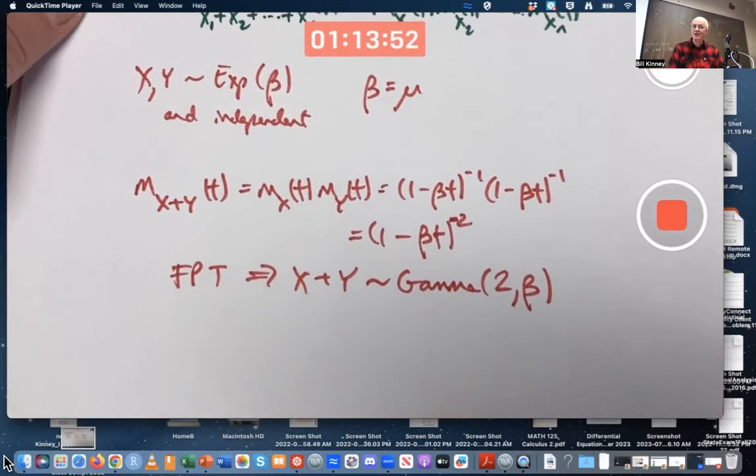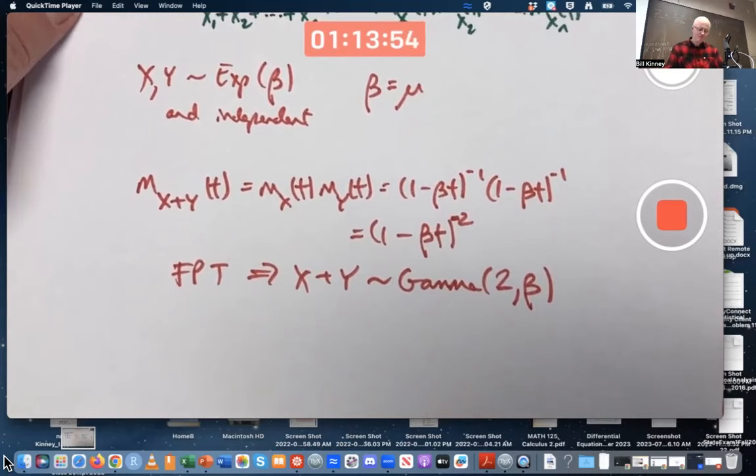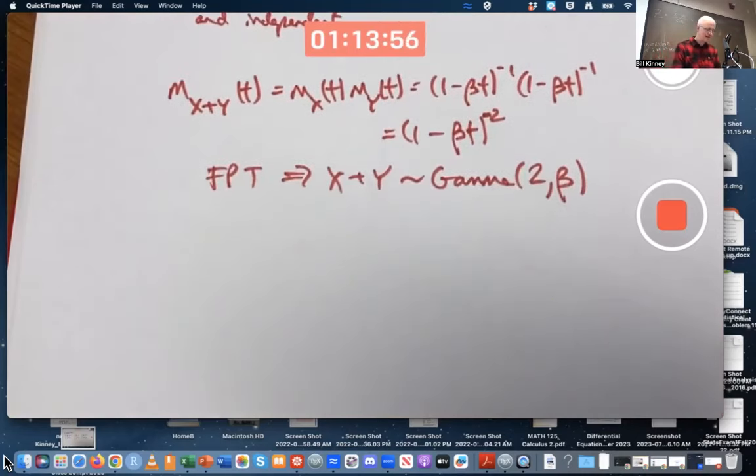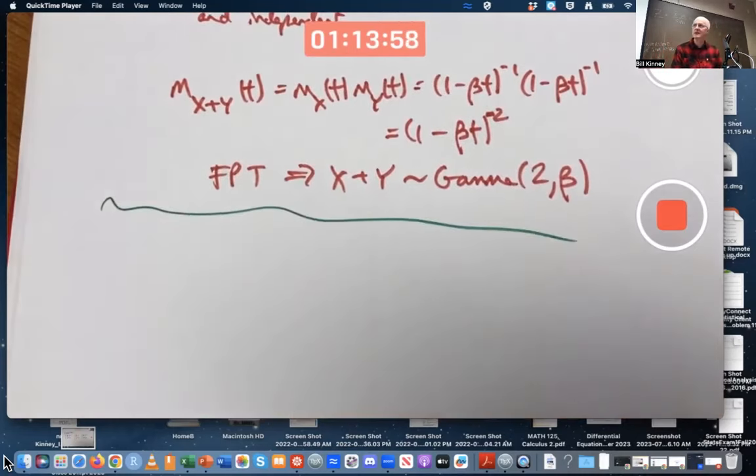One big application of it is actually an example in the book.